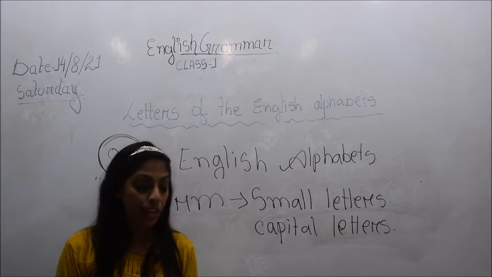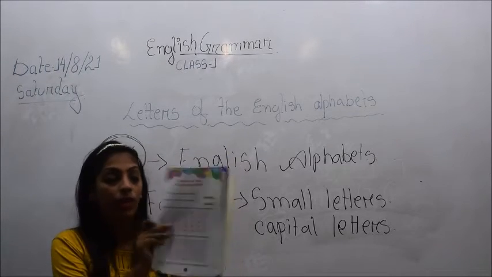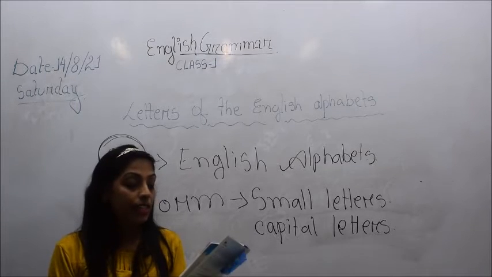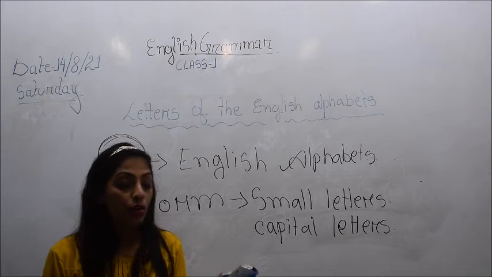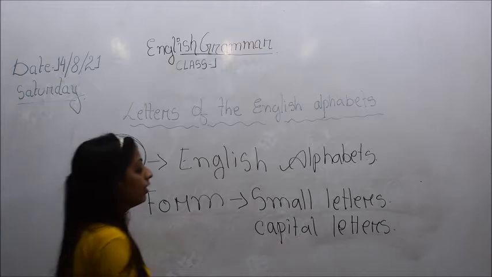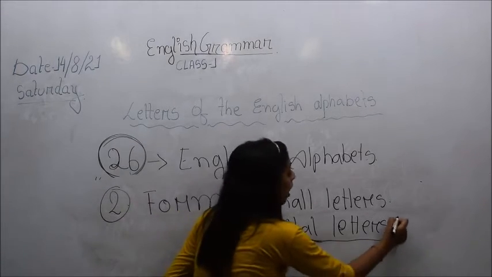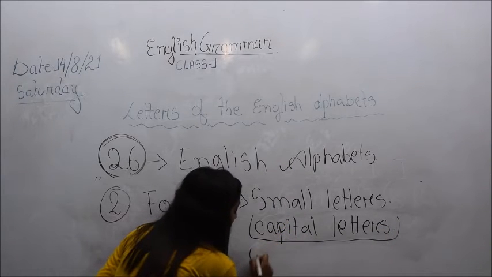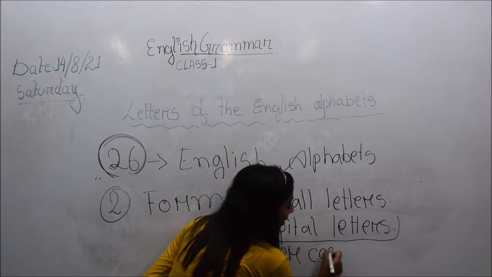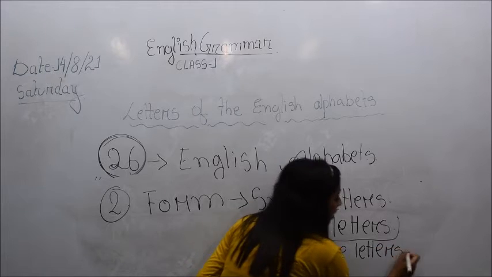So these letters can be written in two ways, that is in capital letters and in small letters, okay. Now you look into your book, children, on page number 1, capital letters. It is written that they are also called uppercase letters. So here, capital letters are also called what? Uppercase letters, okay.